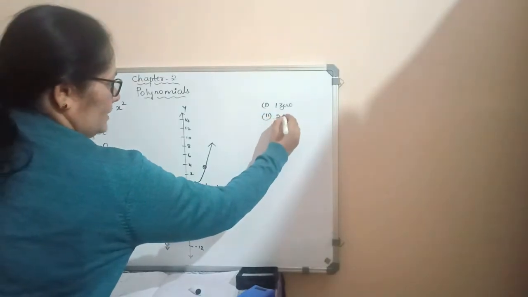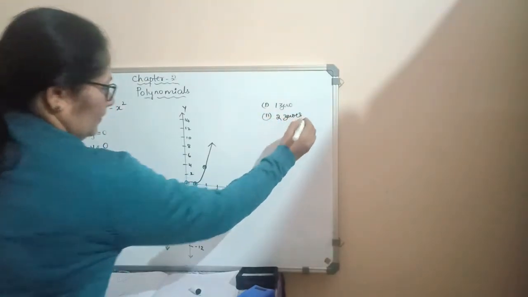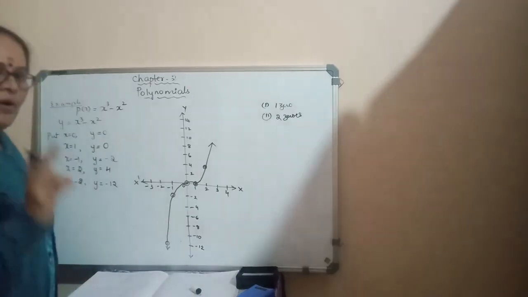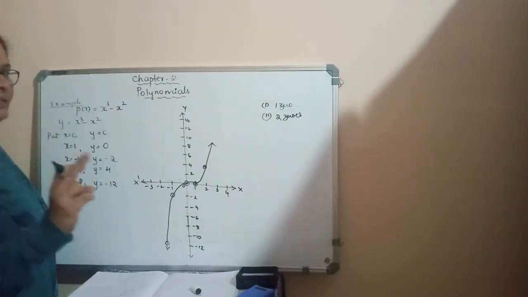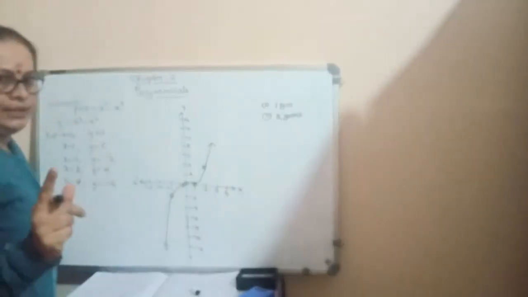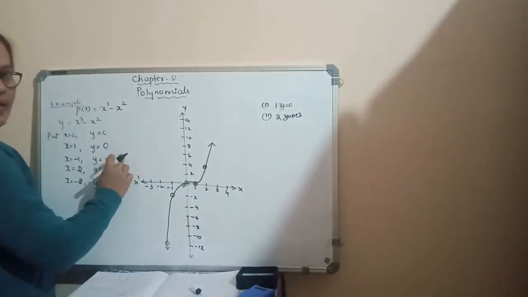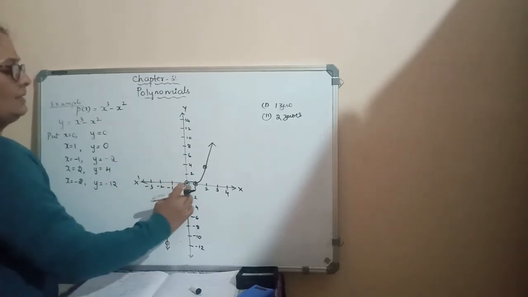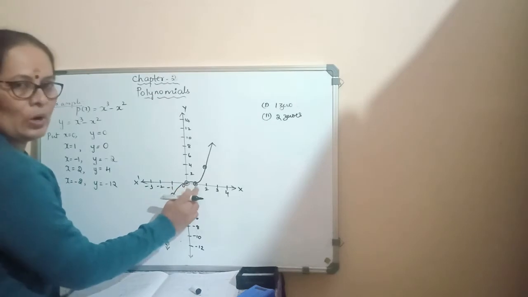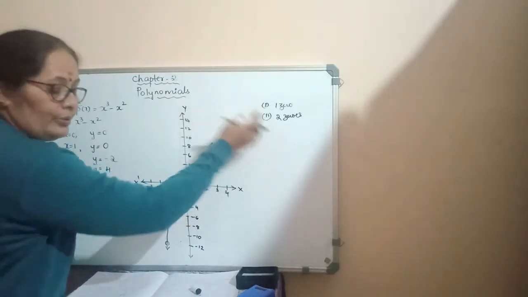So it has 2 zeros. In the previous example, the curve intersected the x-axis at only 1 point. We say that 1 zero. But here in this example, this curve intersects the x-axis at 2 different points. So we say that 2 zeros.